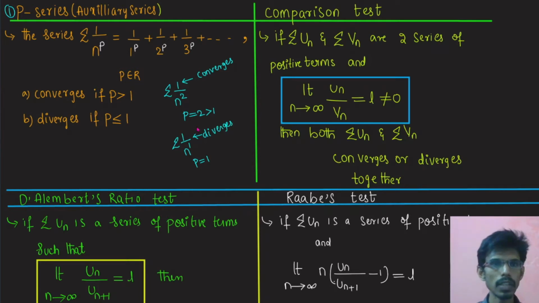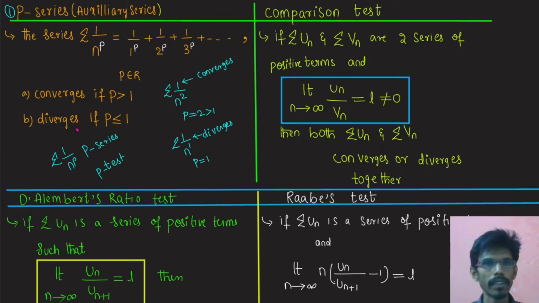Any series of the form sigma 1 by n power P is called a P series, or we say P test. So the series converges if P is greater than 1 and diverges if P is less than or equal to 1.